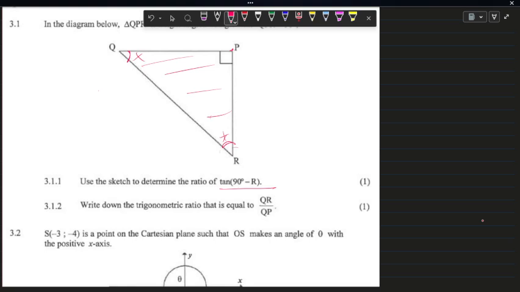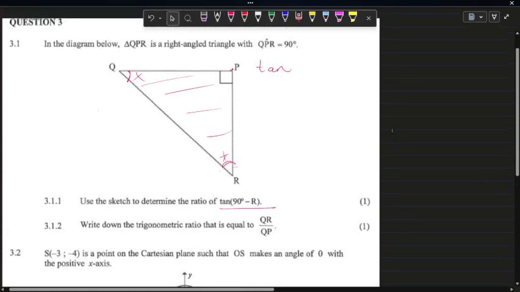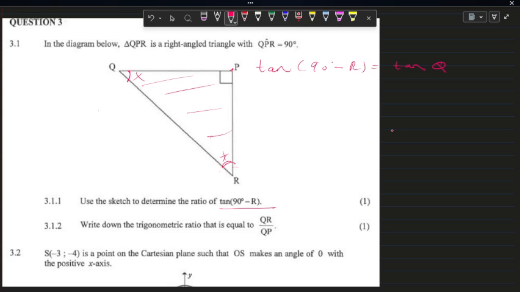So if they are looking for the tan ratio of 90 degrees minus r, it means they are looking for the tan ratio of q. This is how you will answer: tan of 90 degrees minus r is the same as tan of angle q.